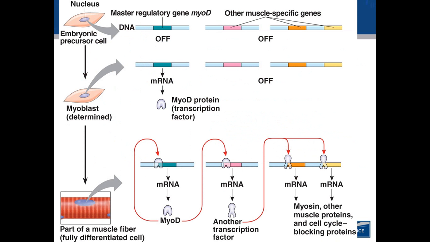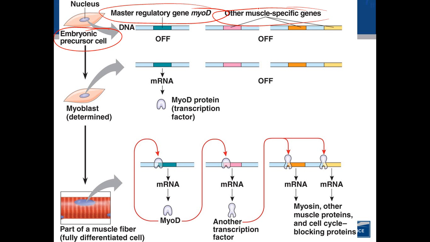So here is a diagram of how muscles develop. First off, we have an embryonic precursor cell, and within that precursor cell, there is a master regulatory gene called MyoD, and right now that is turned off. And the other genes that are responsible for making muscles are also turned off.